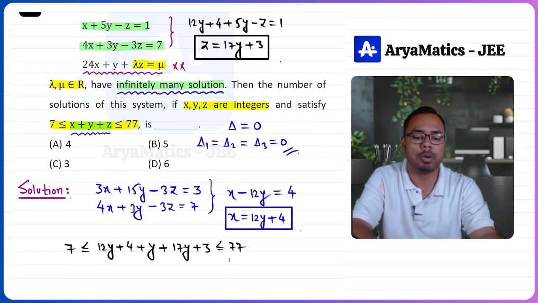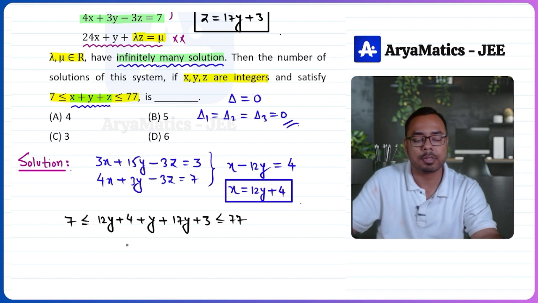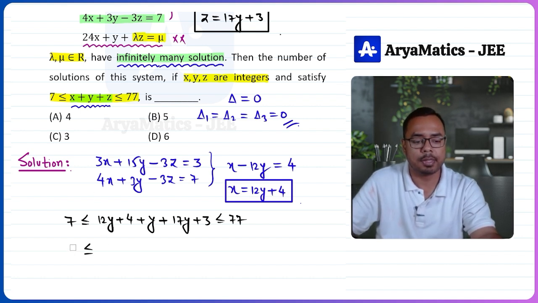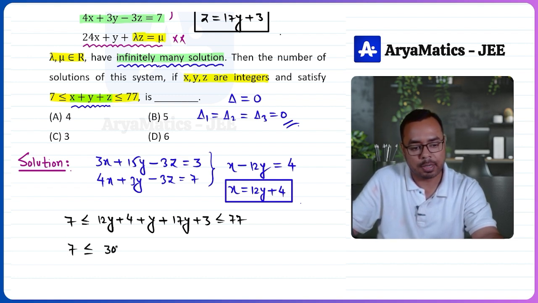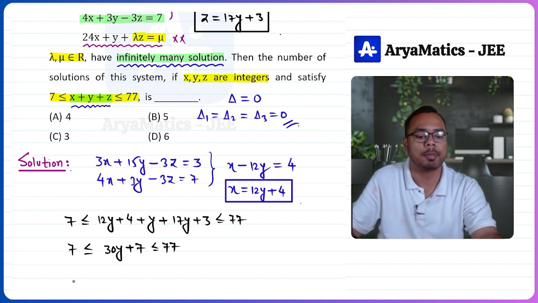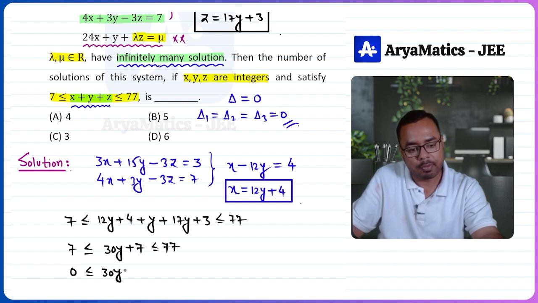Now let us see how many integral values of y are possible. Here we have 30y plus 7, and on the right-hand side 77. Now subtract 7 from each part, so we have 30y between 0 and 70.